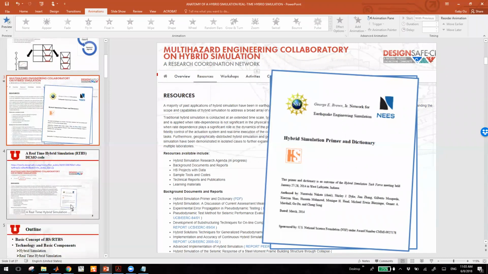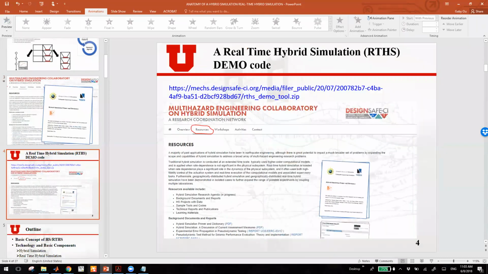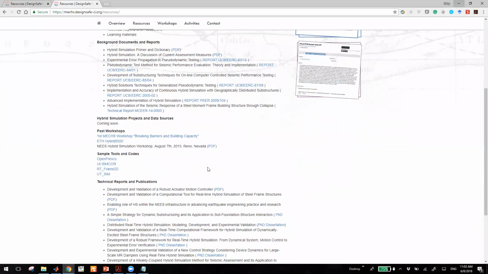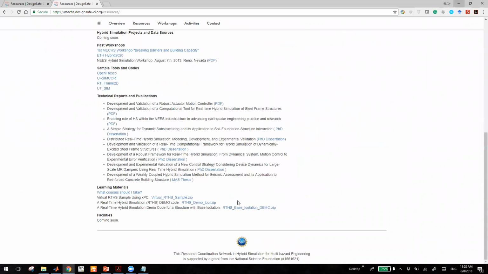Before I start the presentation, if you have MATLAB installed, with Simulink and the control toolbox, you are welcome to go to MECHS.DesignSafe-CI.org, go to the resources, and download the RTHS demo2.zip, which is titled real-time hybrid simulation demo code. That is what we are going to use at the end of this presentation.